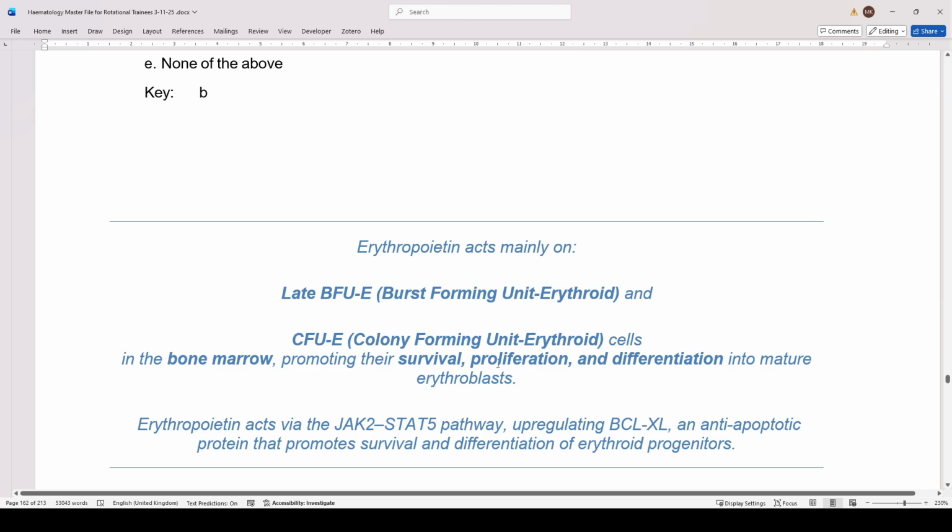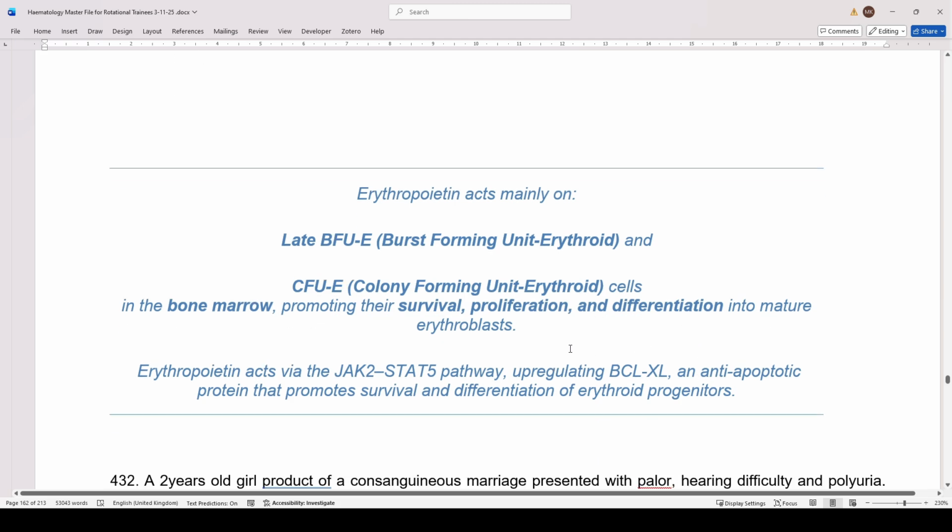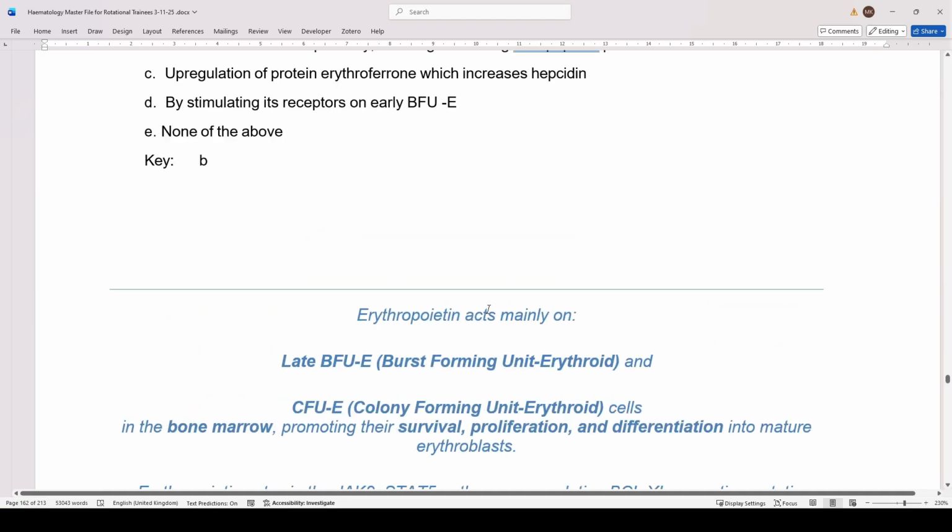It promotes survival, proliferation, and differentiation into mature erythroblasts. Erythropoietin acts via the JAK-STAT pathway, upregulating BCL-XL, an anti-apoptotic protein that promotes survival and differentiation of erythroid progenitor cells. So apoptosis will not occur, and there will be more survival and differentiation of erythroid progenitor cells.